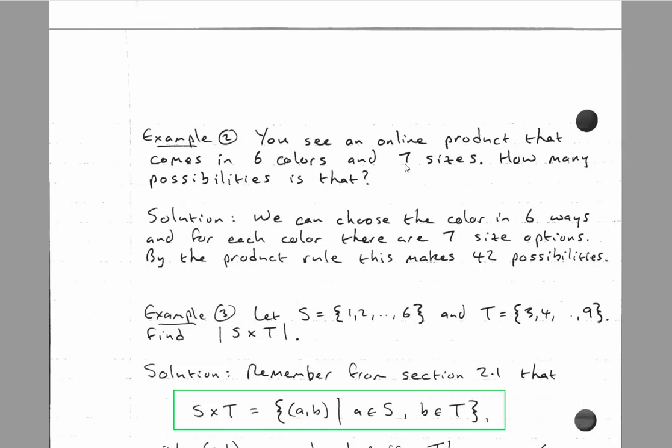Well, it's just two tasks here. The first task is picking the color, 6 ways. The second task is choosing the size, 7 ways. So by the product rule, there are 42 possibilities. You could list them, you could make a table, and you'd see all 42 options.